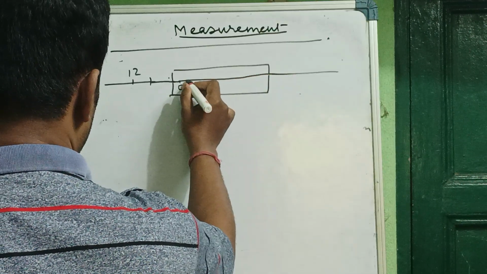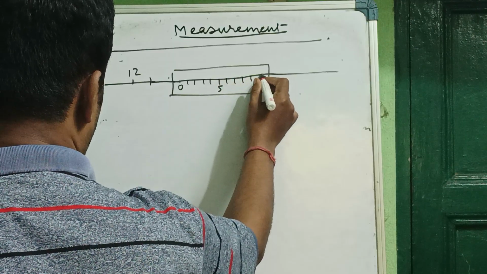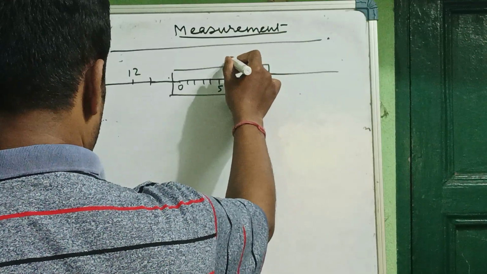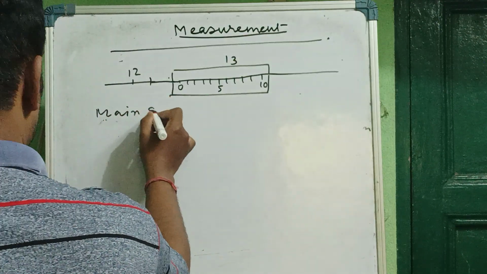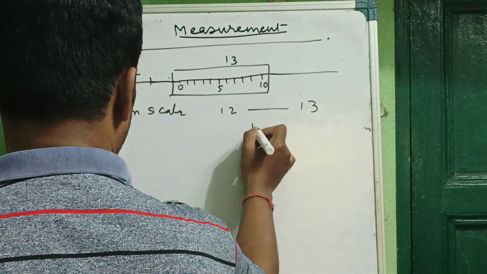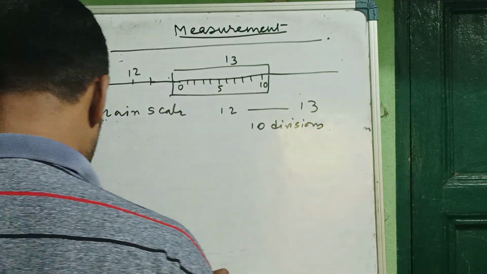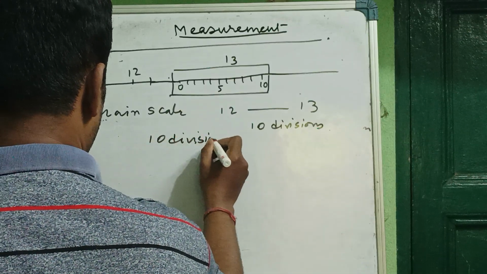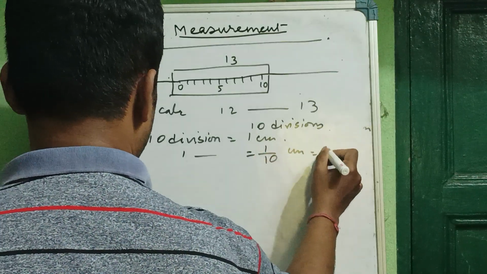First take the lines 1, 2, 3, 4, 5, up to 10. On the main scale, from 12 to 13 there are 10 divisions. So 10 divisions equal 1 centimeter. 1 division equals 1 by 10 centimeter, and that is 0.1 centimeter.